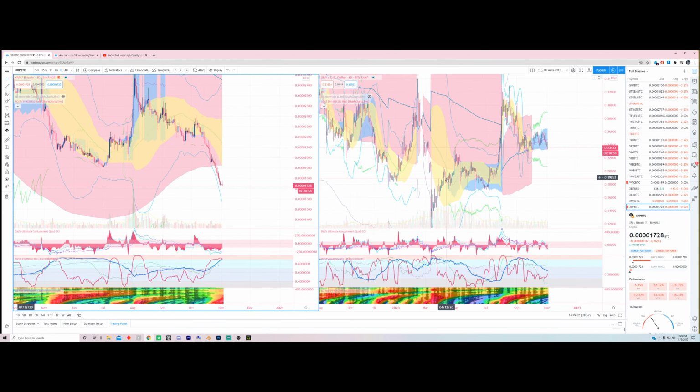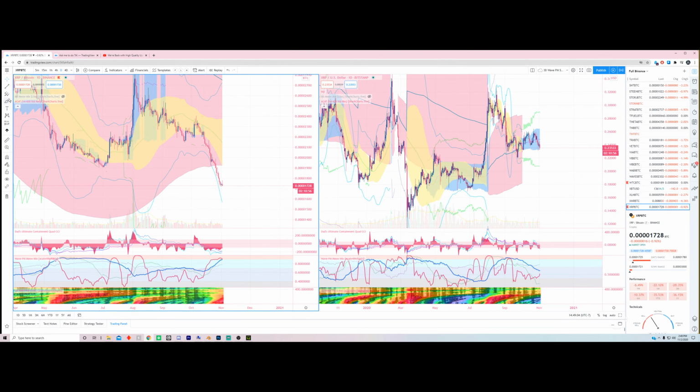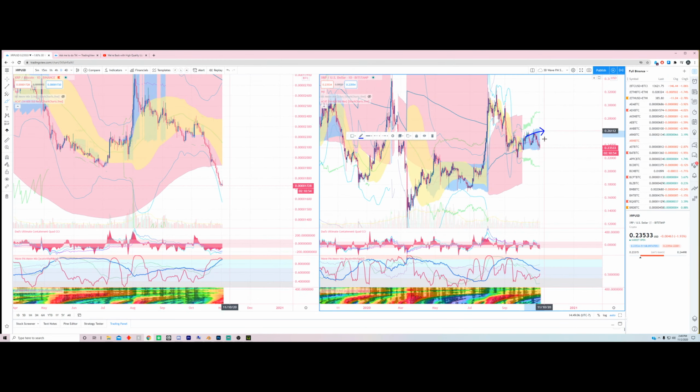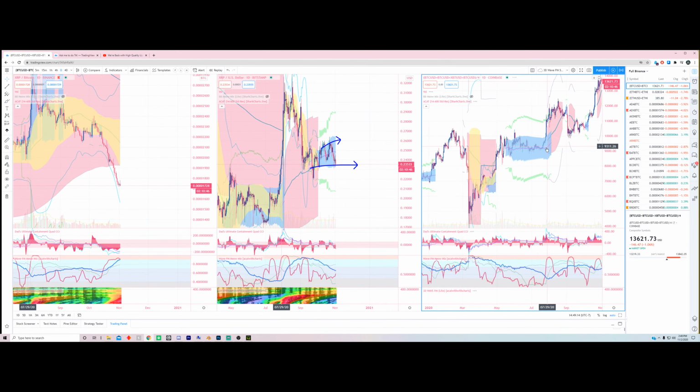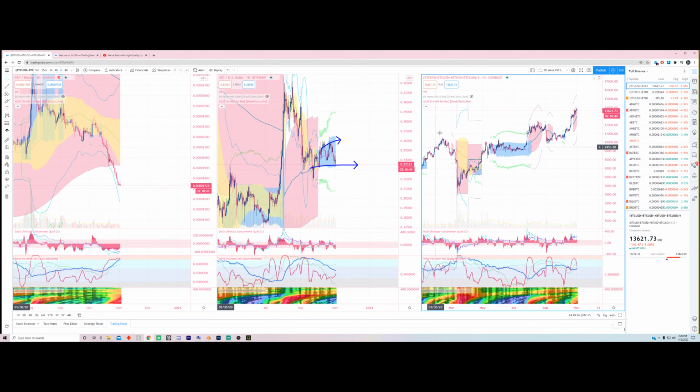Okay, so sure, you're getting compression here. And the reason that it's doing this is because Bitcoin is going up. So let's just put this 3 ways. Okay. So this is like 1-to-1 inverse confluence.